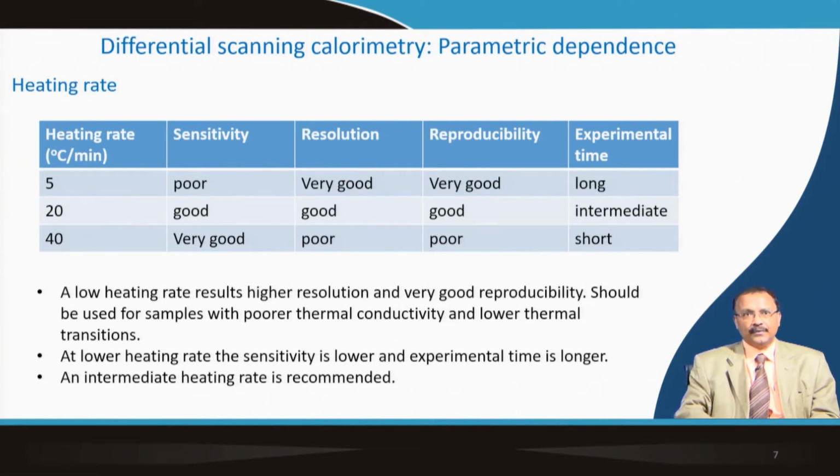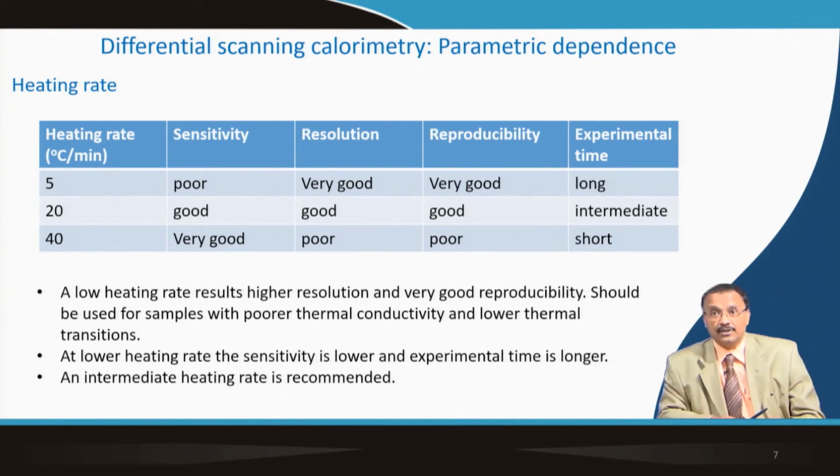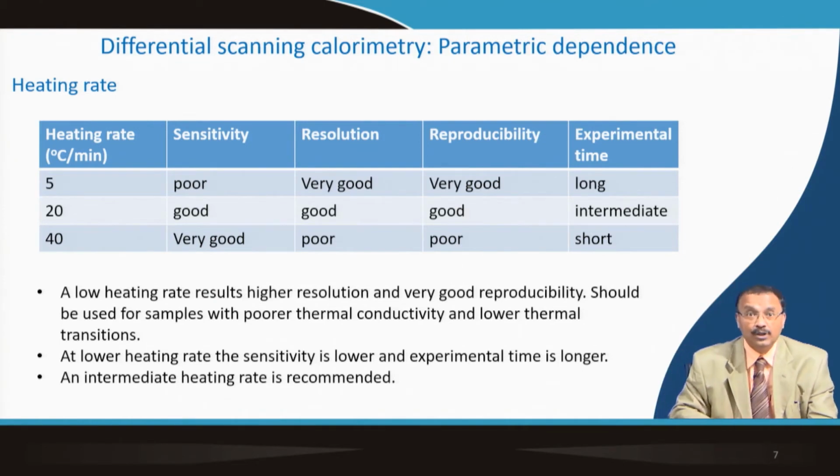So, a lower heating rate results in a higher resolution and very good reproducibility, and this should be used for samples which have poor thermal conductivity and lower thermal transition. At lower heating rate, the sensitivity, as you can see, is low, and the experimental time of course is longer.